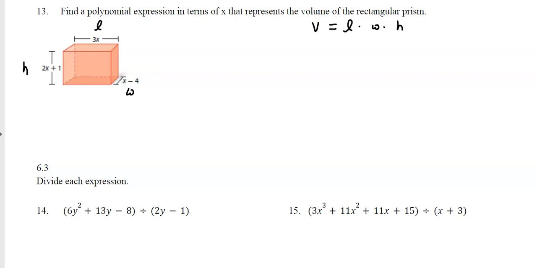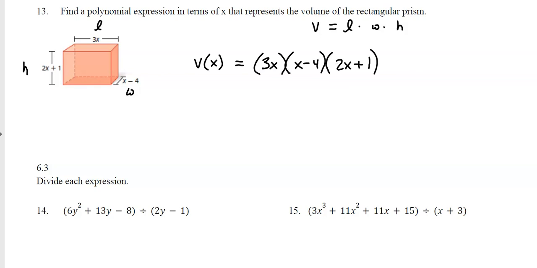So it's just a word problem with multiplying polynomials. So volume in terms of x is length times width times height. Now, since you have three numbers, you're multiplying three things together.